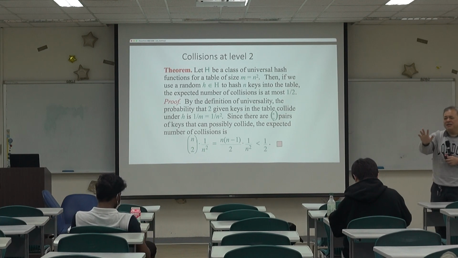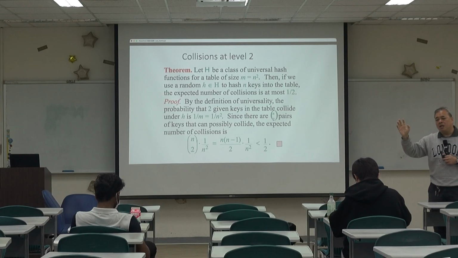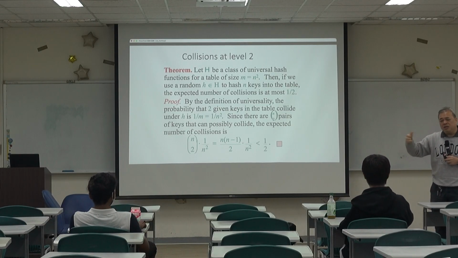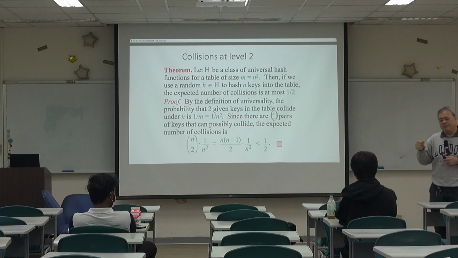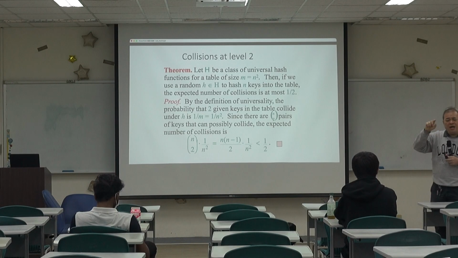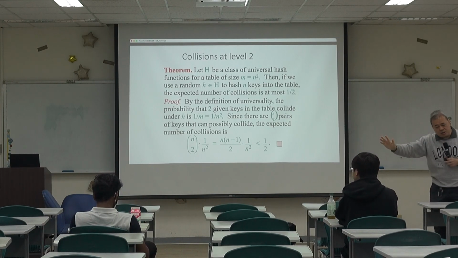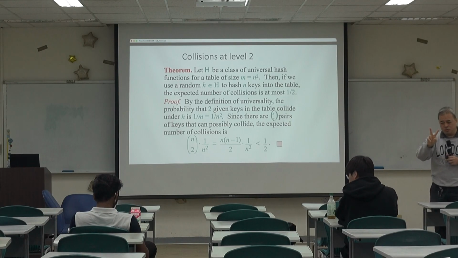If there is a collision, you just throw away that function and pick another one. The expected number of tries to find a hash function that results in no collision at all is 2.